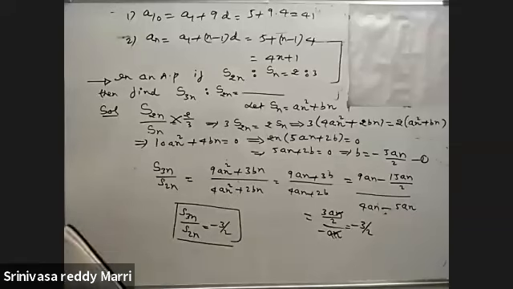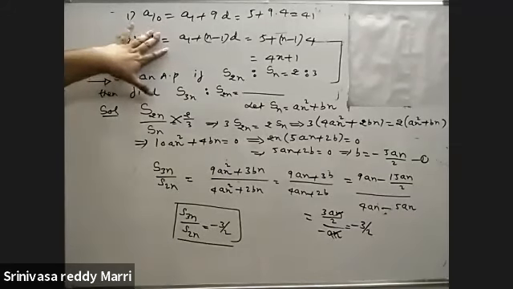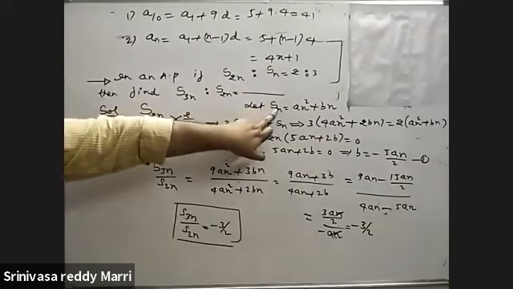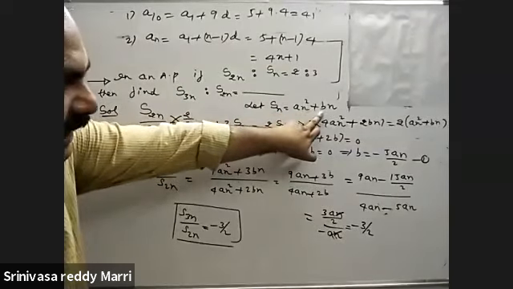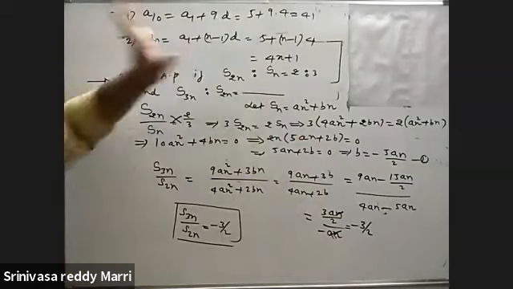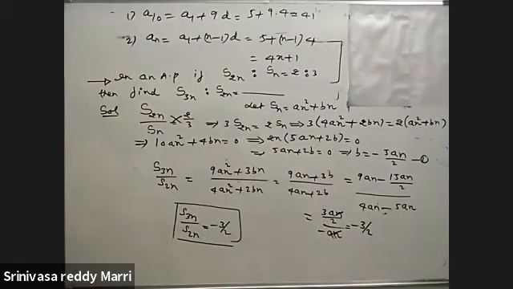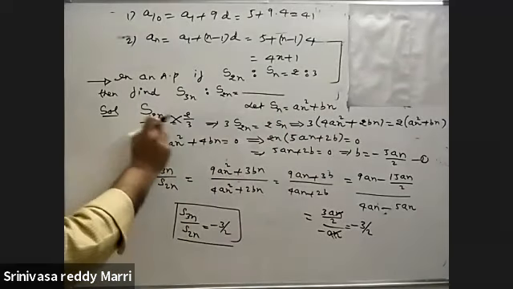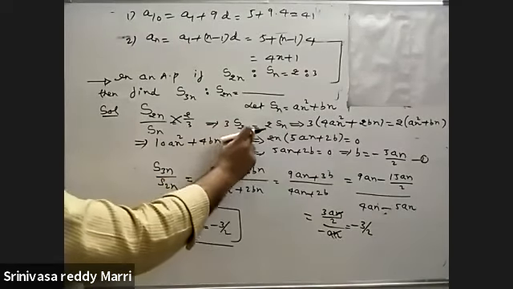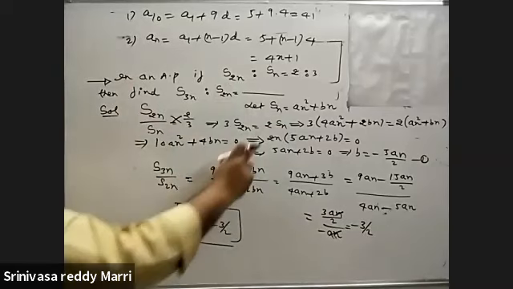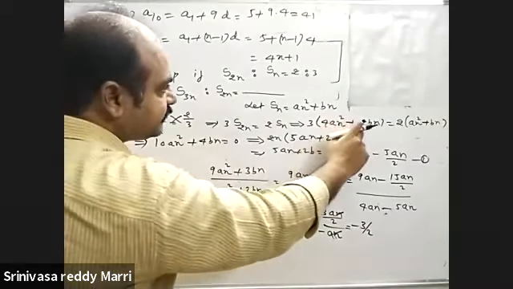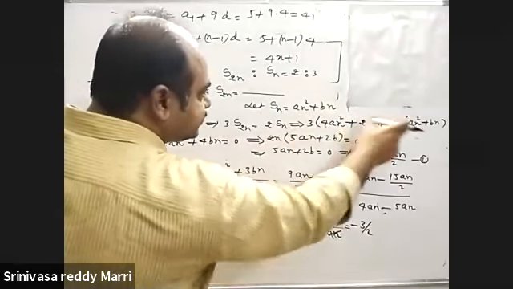I will tell the approach once again. This is the ratio given. For these types of problems, always assume Sn like this, because if you substitute the S2n and Sn formulas, it will be very difficult. Now cross multiply: 3 into S2n equal to 2 into Sn. S2n means substitute 2n, 4an square plus 2bn, equal to 2 into Sn.